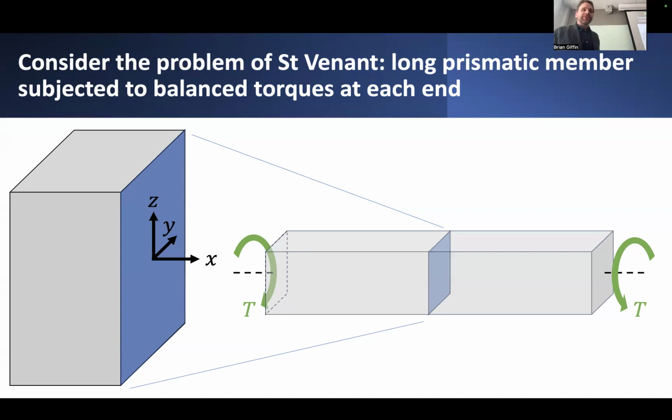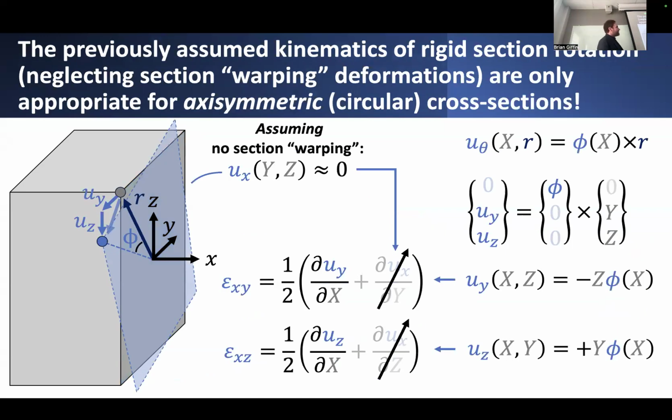And looking at a particular cross section and remembering what was that fundamental assumption we invoked, this kinematic assumption of plane sections remain planar. In the case of axisymmetric cross sections, it was a valid assumption. In the case of even just one of these planar sections, we're still going to invoke this assumption in order to figure out what exactly are the in-plane displacements that would happen to this cross-section under some kind of twisting deformation.